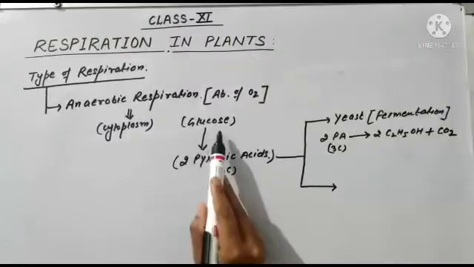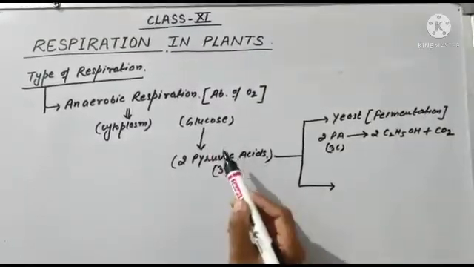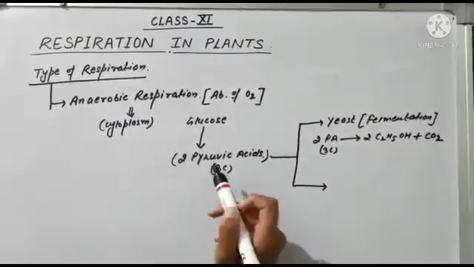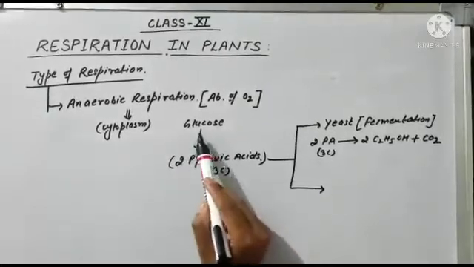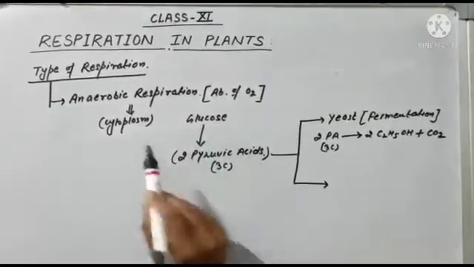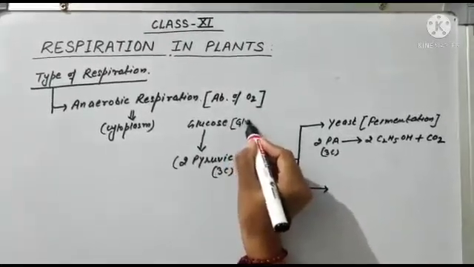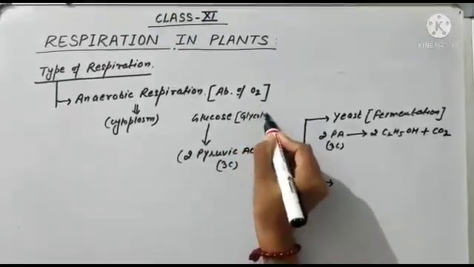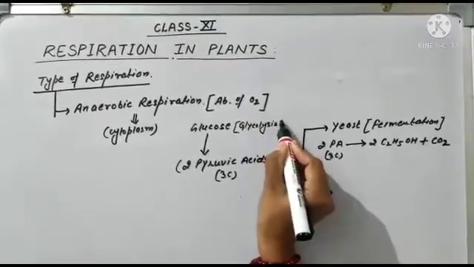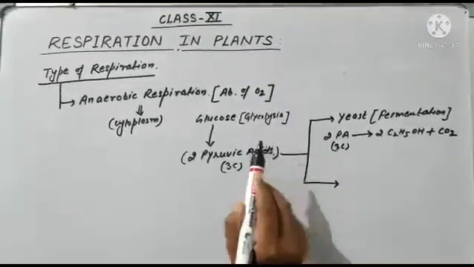We have the respiratory substrate, that is glucose, which gets split. The breaking down of this glucose in the cytoplasm is also known as glycolysis. Glyco means glucose, lysis means breakdown.